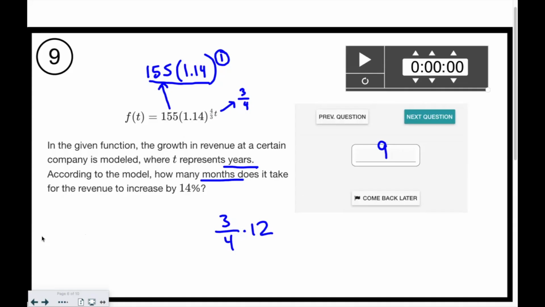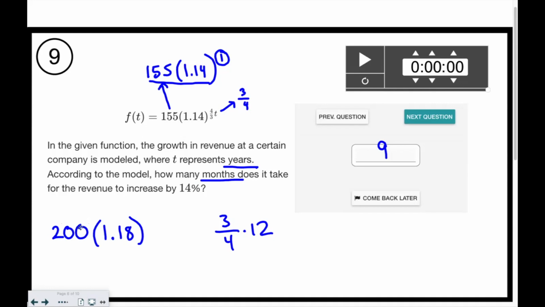Yeah, so imagine we just started with another number. Let's say we started with $200 and I wanted to increase that by 18%. The way that I would increase that by 18% is I would just multiply by 1.18. So this is a percentage understanding that we have to have that doesn't have anything to do with this model necessarily.